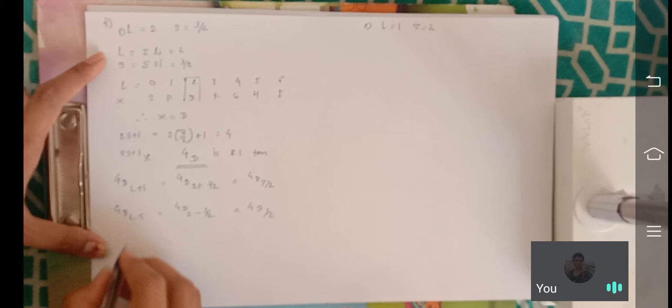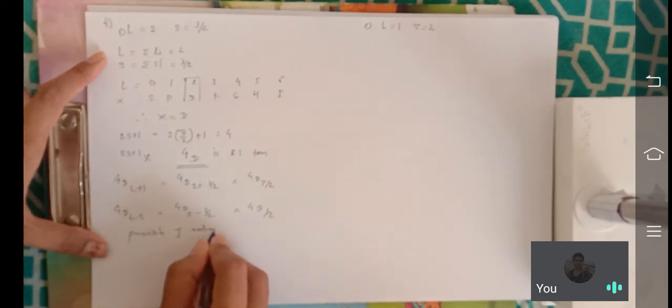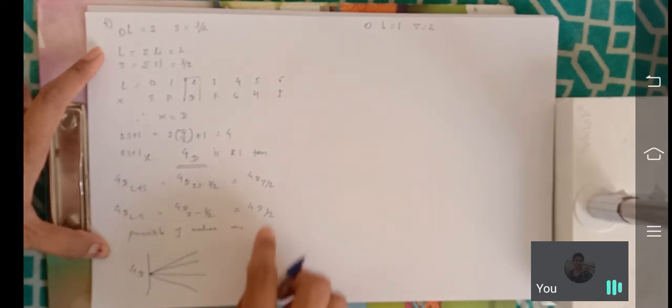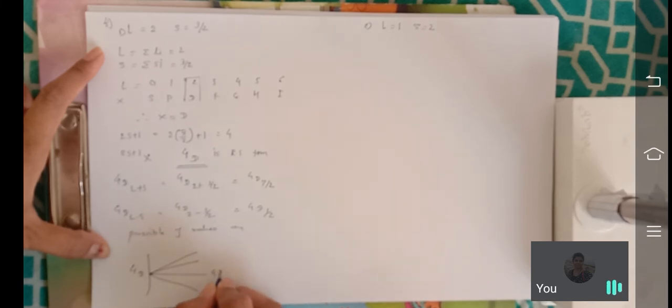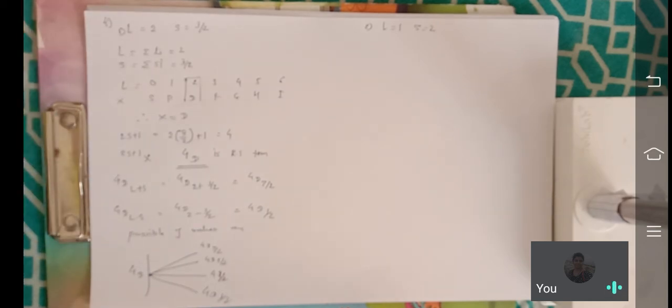So the possible J values are, how do you write them? You just write quartet D 1 by 2, quartet D 3 by 2, quartet D 5 by 2, quartet D 7 by 2. This is the possible J values.